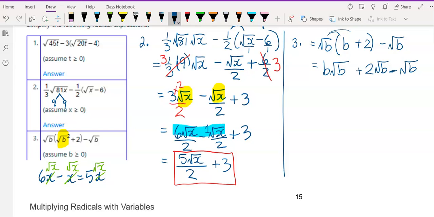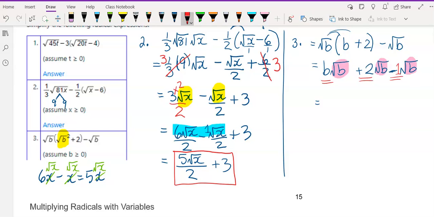Oh my gosh, I almost forgot about minus root b at the end. Oh, look at that. Let's use pink. We've got 3 like radicals. So all you have to do is combine the coefficients together. There's an invisible 1 here. But here's the thing. Oh, this is interesting.